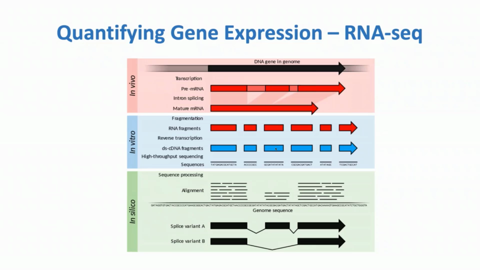You extract mRNA from the tissue you're interested in, and then you break it up by a process called sonication, where you apply a high frequency and the mRNA starts to vibrate at the same frequency. Depending on the frequency, it breaks into fragments of approximately the same length. Often they try to break mRNA into fragments of about 200 base pairs.